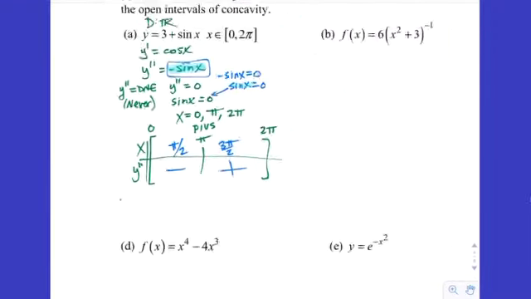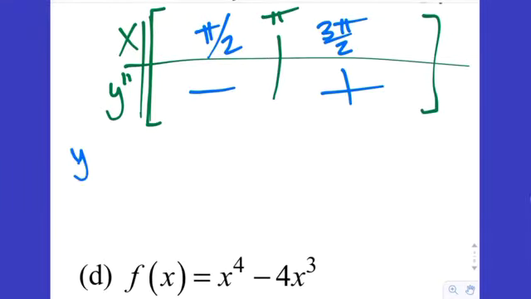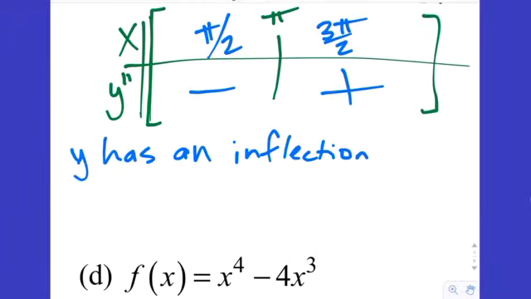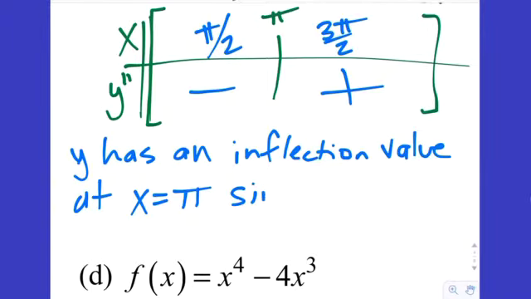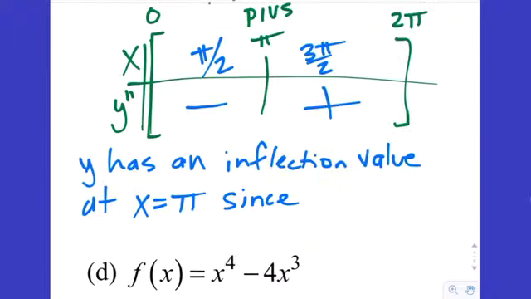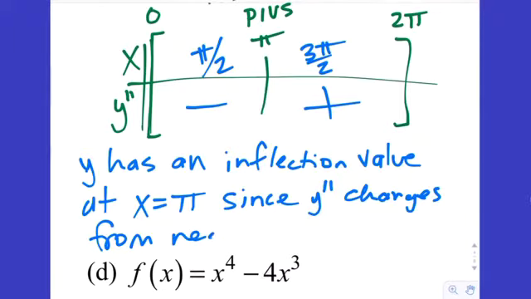It's just Y. Y has an inflection value or an inflection point at x equals pi, since Y double prime changes from negative to positive at x equals pi.